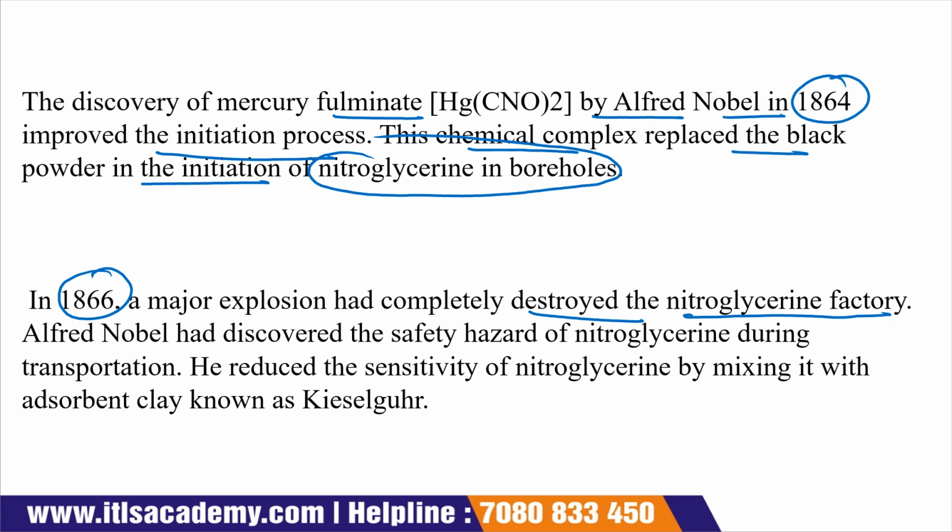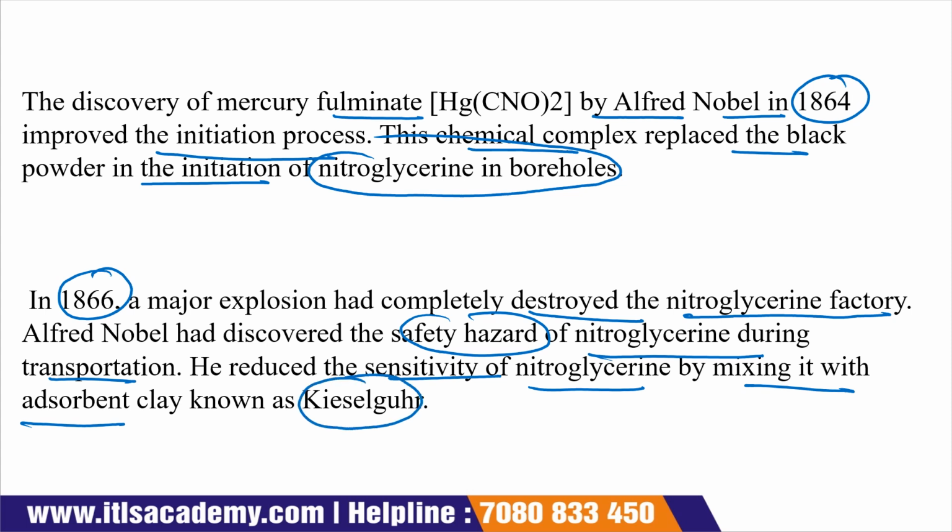Alfred Nobel had discovered the safety hazard of nitroglycerin during transportation. But he reduced the sensitivity of the nitroglycerin by mixing it with an absorbent clay known as Kieselguhr. When nitroglycerin is transported, it can cause damage to human life and property.